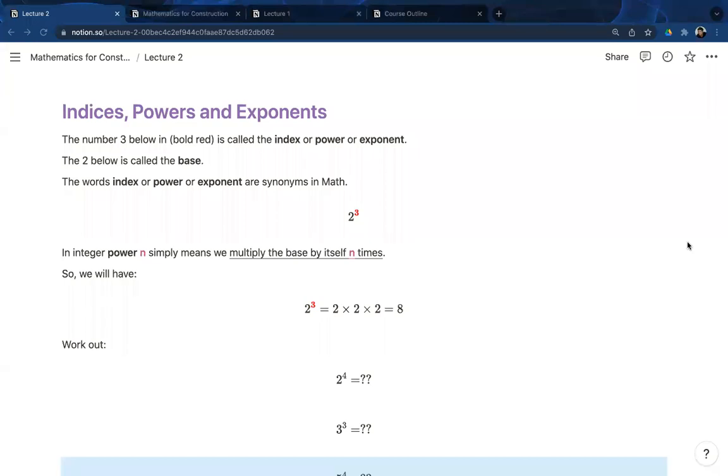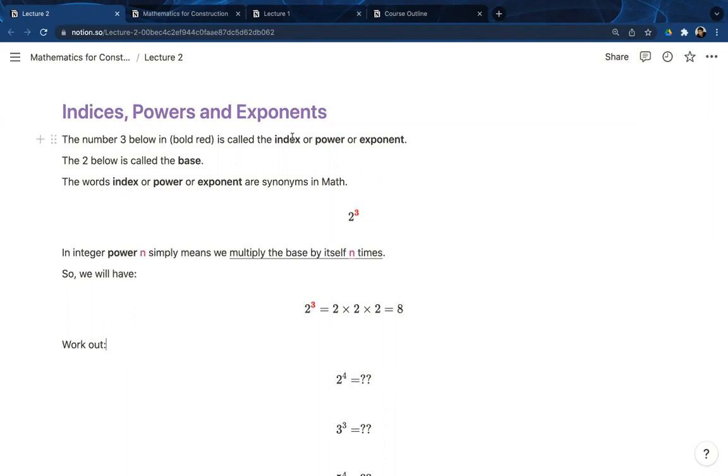So we want to talk about something called indices, okay? Powers or exponents, right? So these are synonyms, okay? So we're going to start our discussion with numbers and then we'll move towards letters eventually, right? So when we write this here, 2, and to the top right, we write a small 3, we say that's 2 to the power 3.